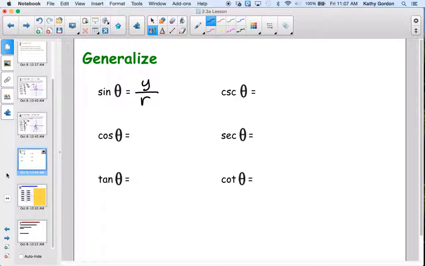So then how did we get cosine? Taking the x over the r. Because the adjacent side was always the x coordinate from our points. How do we get tangent?